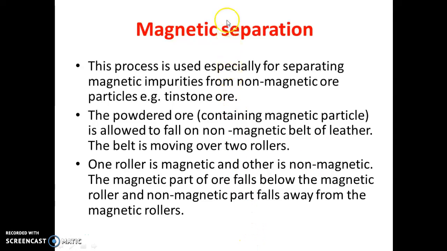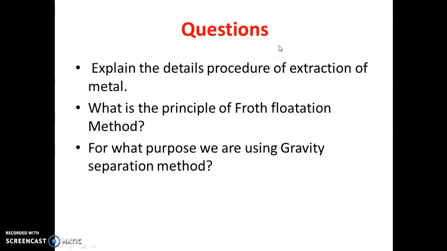Gravity separation is useful to separate the matrix particles from the oxide ore. Froth flotation is useful to separate the matrix particles from the sulfide ore. And magnetic separation is used if you want to separate magnetic and non-magnetic particles from the ore. So these are the three important principles of these methods.